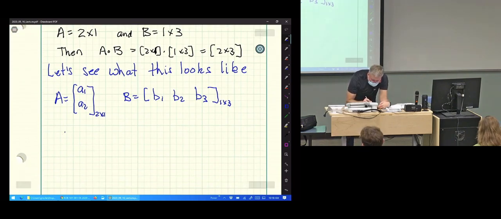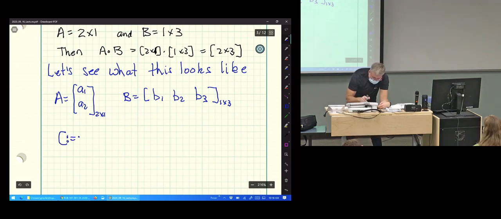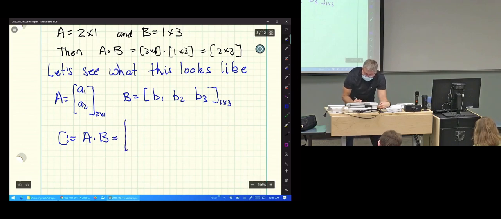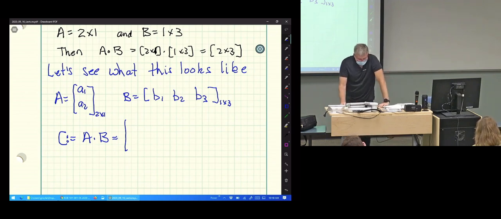So now I'm going to define C, by definition equal to A times B, and I'm going to get a 2 by 3 matrix. So what is the 1,1 entry of C equal to?